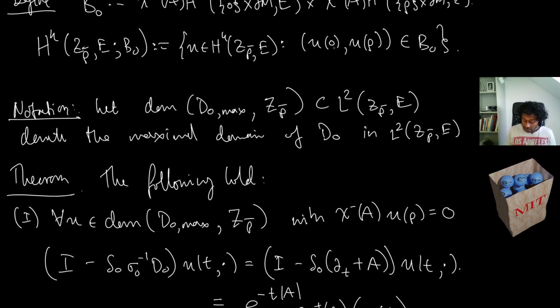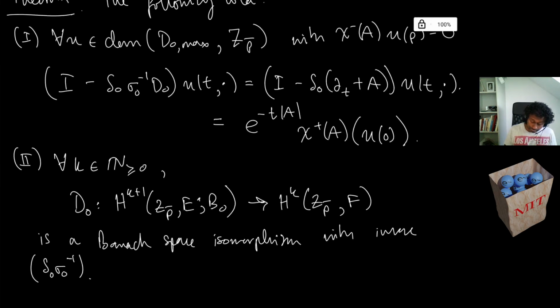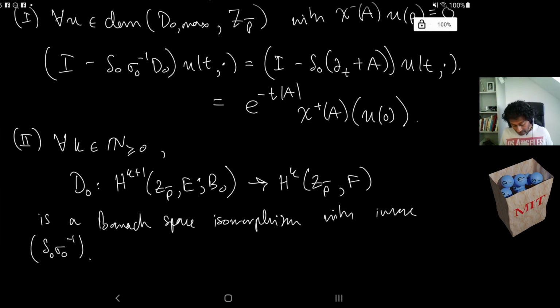It's only true if we choose the boundary conditions in an appropriate way. So the first thing gives us a very explicit description of the obstruction for S naught to be a right inverse, and the second tells us when we can invert the operator D naught on which Sobolev scales, right?